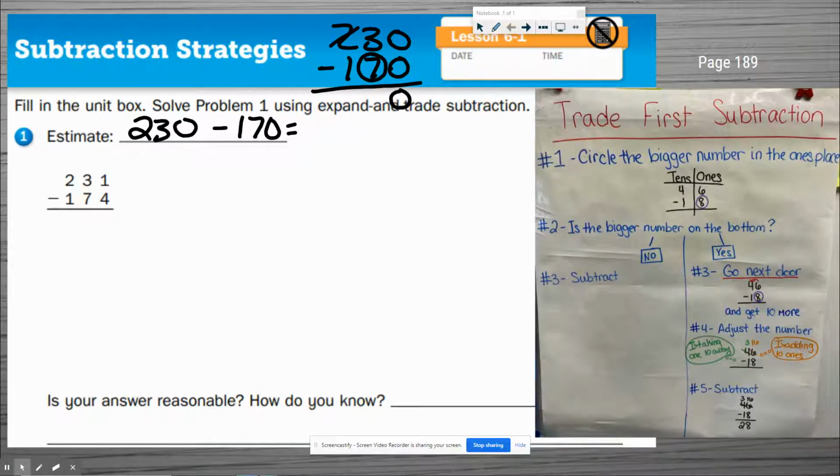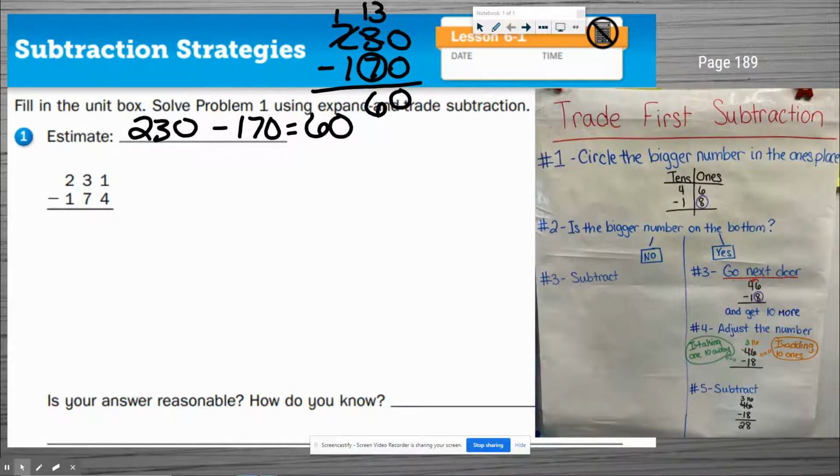Now there are 10 tens to make 100. So we're going to be left with 100, and then I'm going to have 13 tens because I had 3 and then I'm going to add 10 more. So 13 minus 7 is 6. So my estimate is 230 minus 170 is 60.